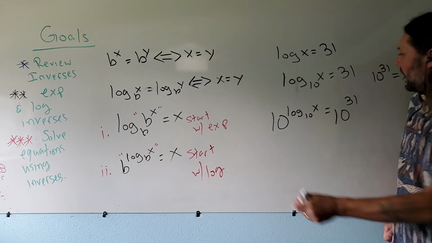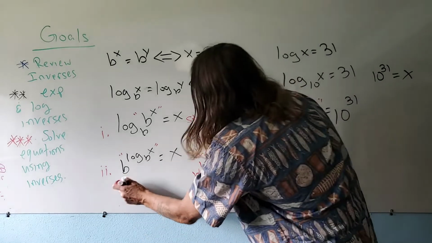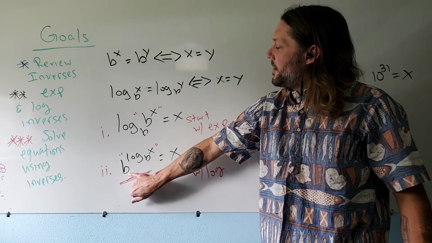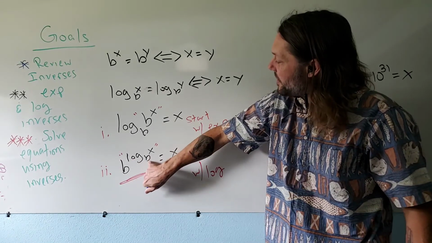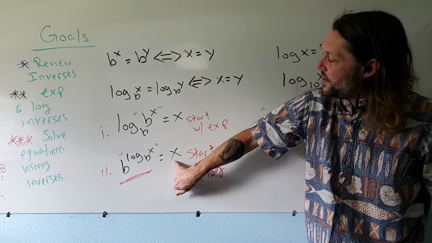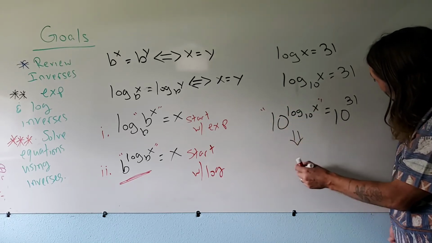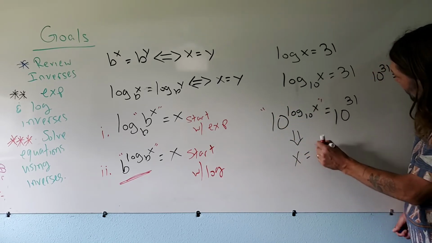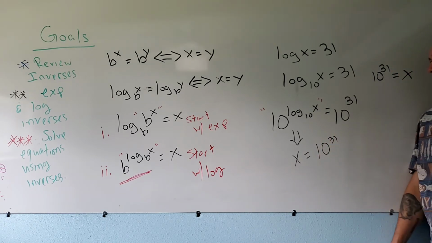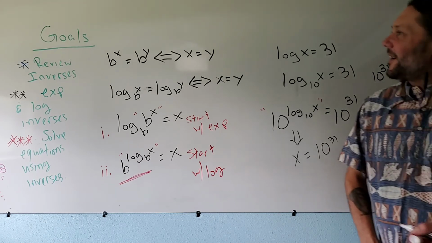Now I've created my inverse. I know that if I have a number raised to the log base b of x, these numbers have to be the same, and whatever that number is gets to become just x. So this whole complicated looking thing just turns into x, and x equals 10 to the 31st power. You see our answers are the same, but this is a more complicated way to do it.